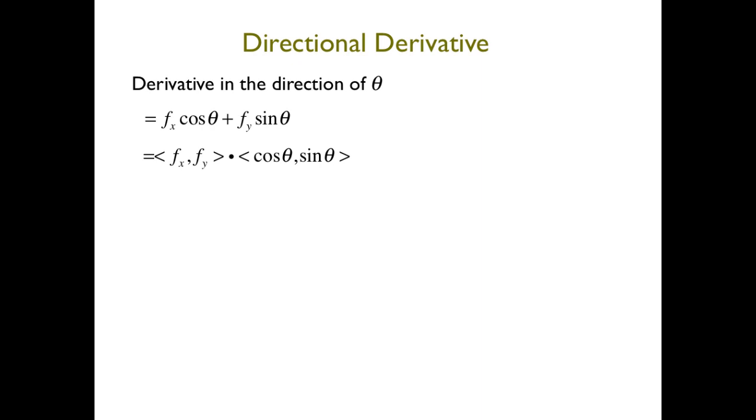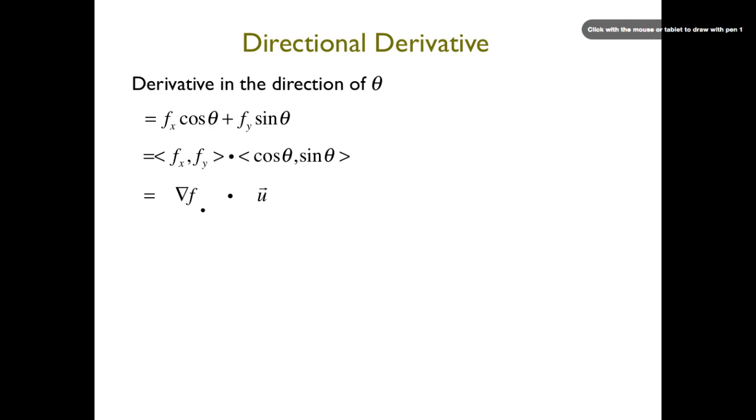We're about to see why making it into a dot product is really useful here. So this is the gradient. It's like an upside down delta, but it means the gradient of f.